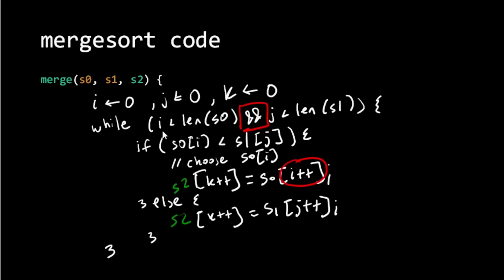What that means is once either one, so once i surpasses the S0 length, we will jump out of this loop, but we'll still have the remaining elements in the other array to copy over. So here we just need to copy the remaining elements.